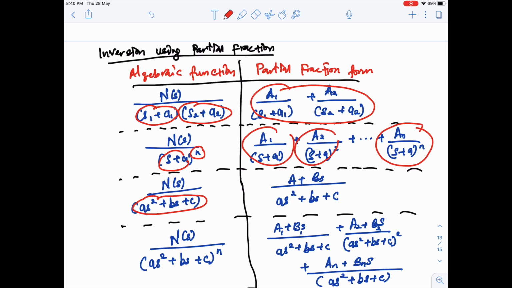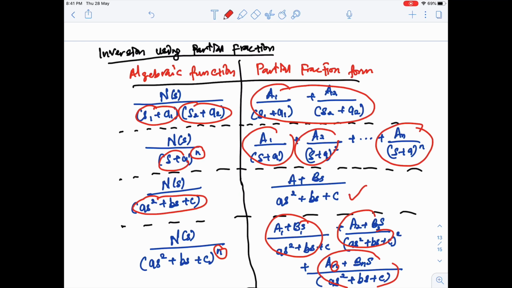So the partial fraction form is directly over here. And the last one, if you have an irreducible quadratic factor in the denominator with power more than 1, it will continue until the end over here.